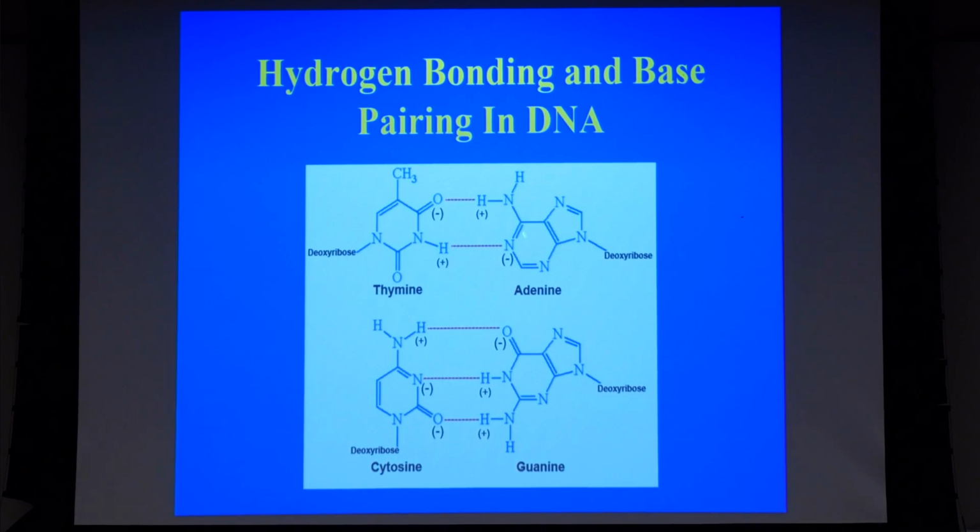And down here, there's a negative charge on the nitrogen in the ring structure of adenine that can hydrogen bond with the positively charged hydrogen on this nitrogen within the thymine ring. So the only way we can bring these molecules together and have them properly bond one with the other through these hydrogen bonds is to have them fit together in such a way that there's hydrogen bonding between adenine and thymine, and in this case, between cytosine and guanine.